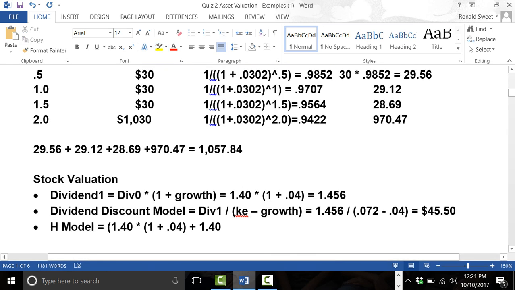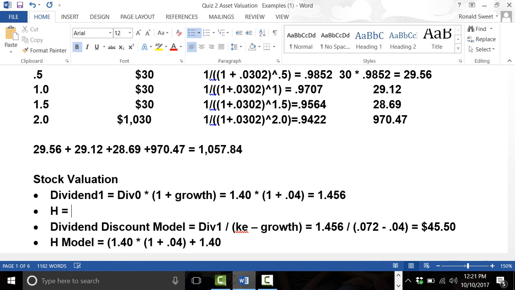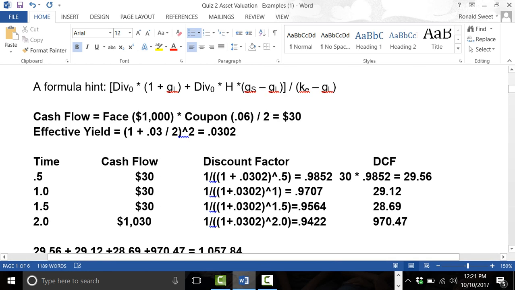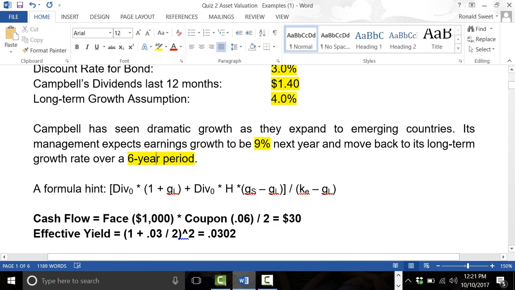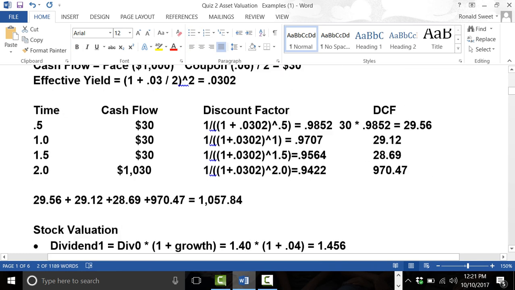So our H is 6 years divided by 2, because think of the H as the half-life. So our H is half of that unusual growth period. We're told right here that it's 6 years, so our H is 3.